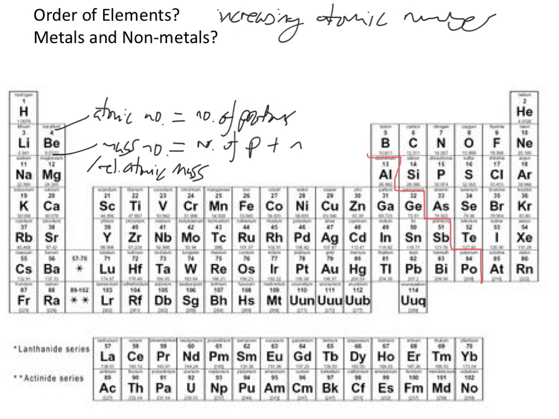The elements on the right-hand side of this, whilst they are non-metals, are called metalloids. You don't need to know that. But these are all the metals, and these are the non-metals. So metals to the left, non-metals to the right-hand side of that staircase. And I always remember that the staircase goes in between boron and aluminium.